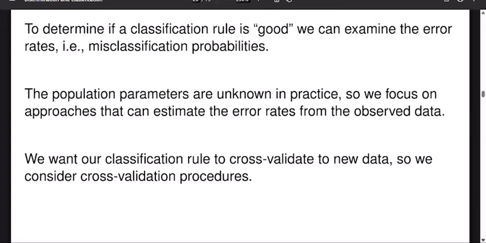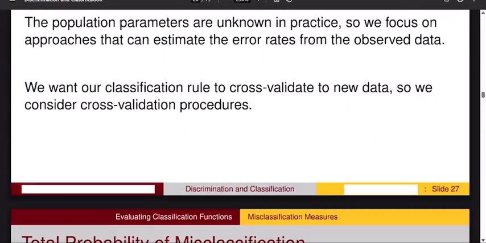So we have a technique to estimate the error rate from the observed data. In case our intention is to classify new data, we are going to consider some cross-validation procedure.